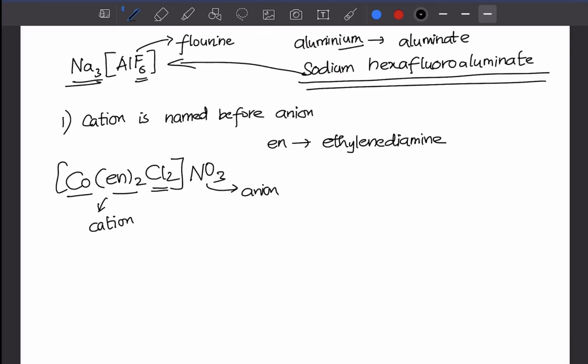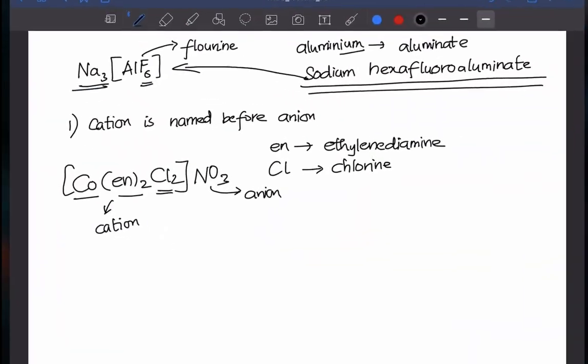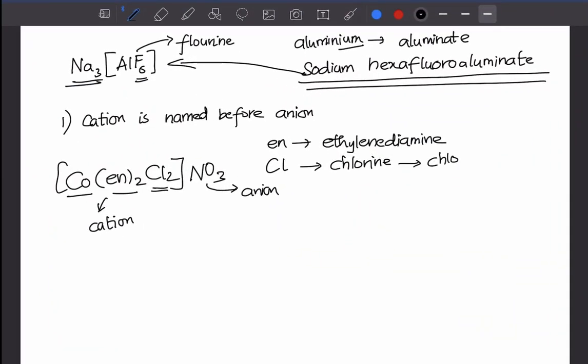Now let's start based on the alphabetical order. You have 2 ligands, chlorine and ethylene diamine. Chlorine will be written as chloro. So let's start with alphabetical order, chloro. There are 2 of them, so we write dichloro.